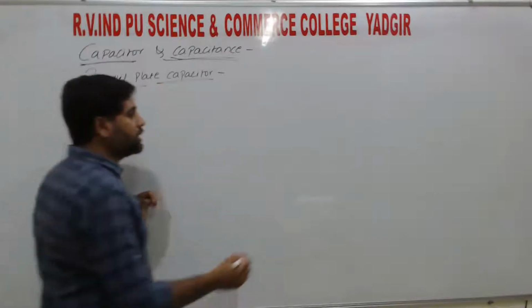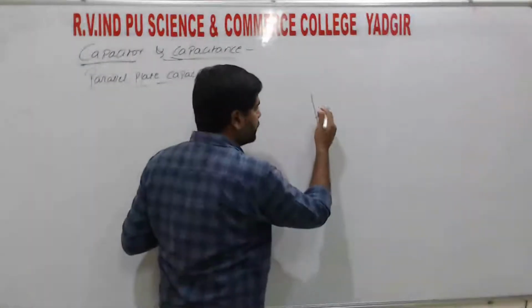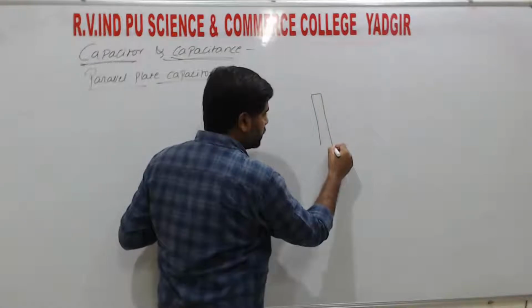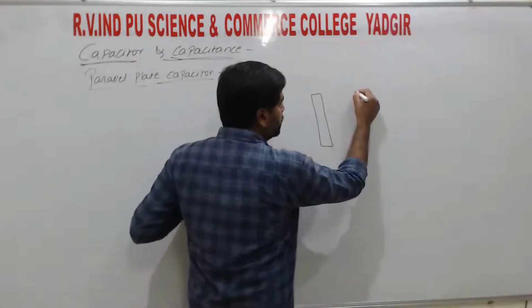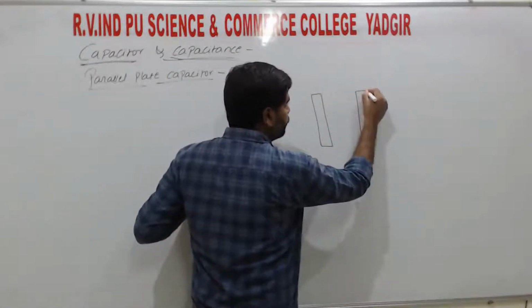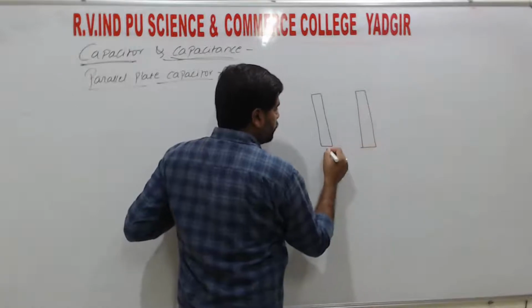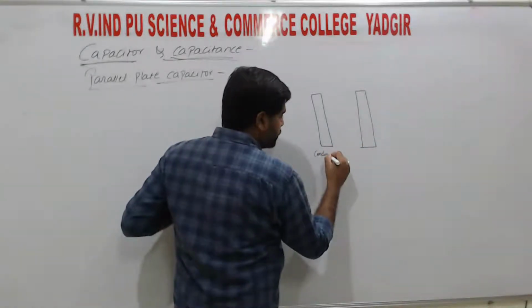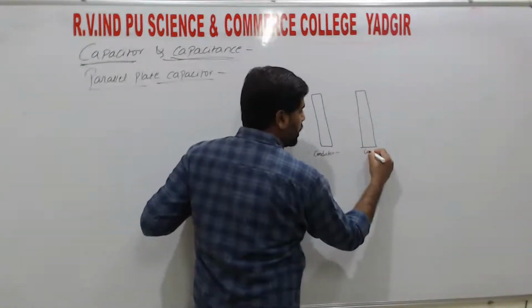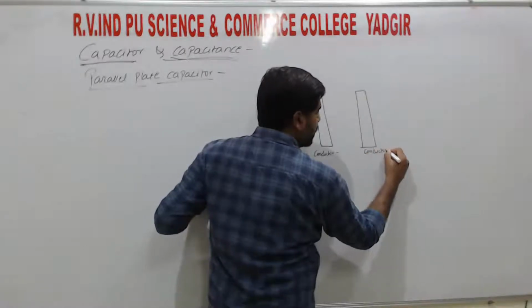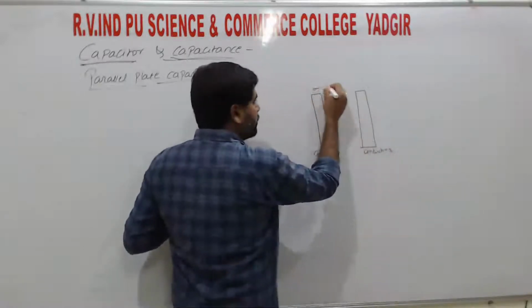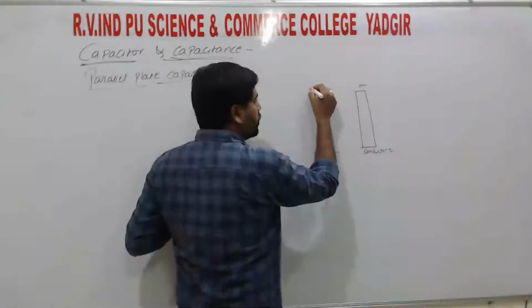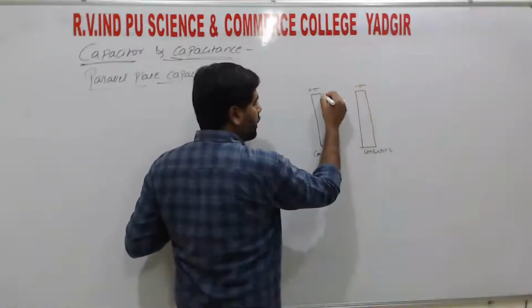So we are considering two conductors which are parallel to one another, right? This one we call conductor 1 and conductor 2. Sigma is the surface charge density on both the conductors. So plus Q here, and here we have minus Q.